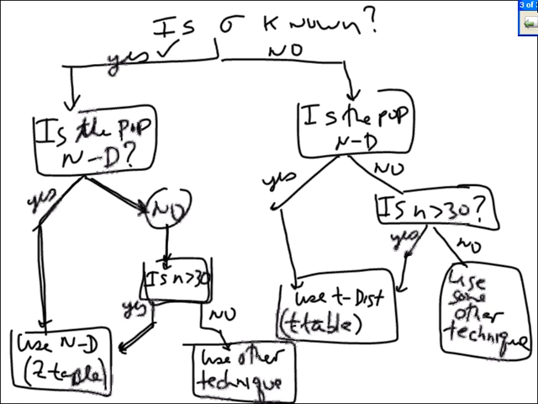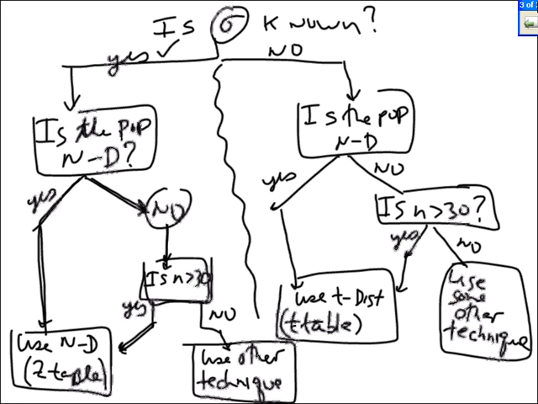So, unless your teacher tries to trick you where it's not normally distributed and n is not bigger than 30, you don't have to worry. If you know sigma, you use the z-table, the z-distribution, the normal distribution information and formulas.